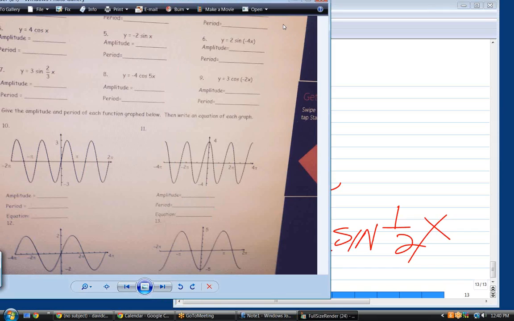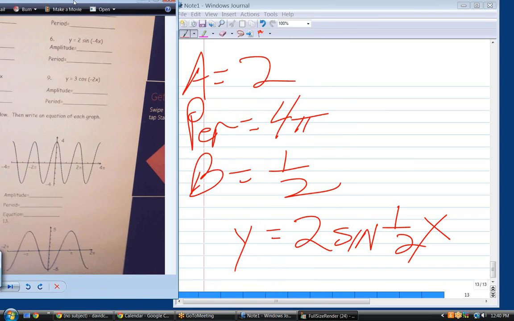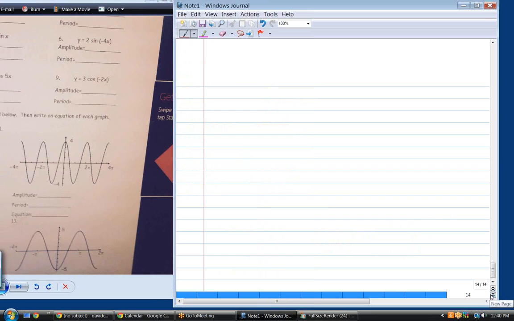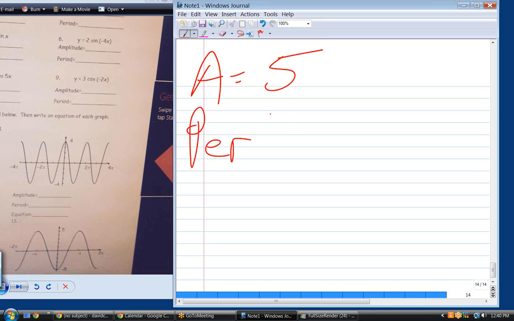13. I think this is 13. Yeah, 13. Hold on. What is the amplitude? What is A? 5. What is the period? 2 pi. What is B?